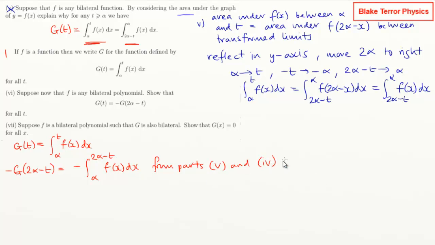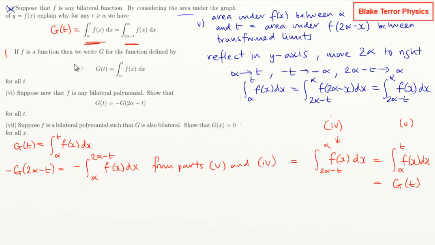So that is equal to the integral from 2 alpha minus t to alpha of f of x dx. That's from part 4. And then from part 5, that is equal to the integral from alpha to t of f of x dx, which is equal to g of t.